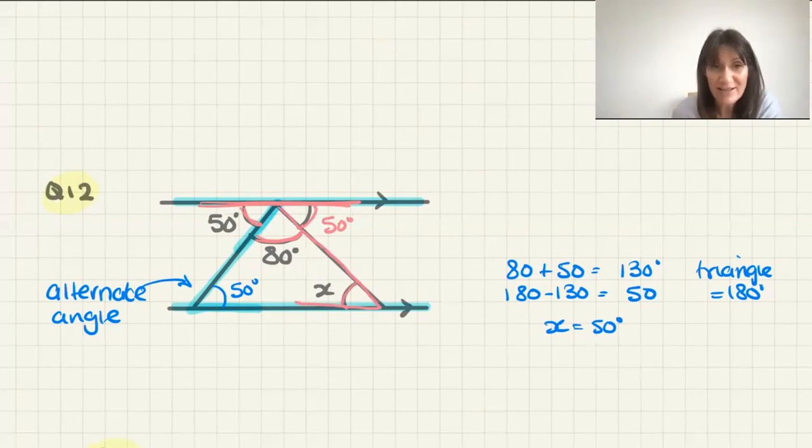So your reason, if you use the red pathway, so to speak, would have been straight lines equal 180, alternate angles, done. So, like I said before, that's why I think angles can be tough sometimes, because you think you're going wrong because you've done it a different way when there is no right way. It's what you see.